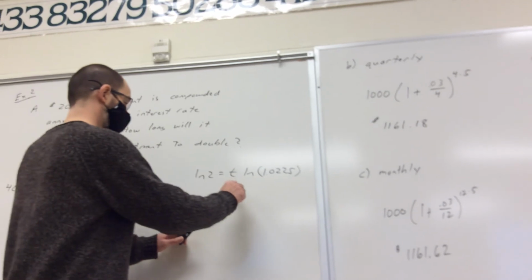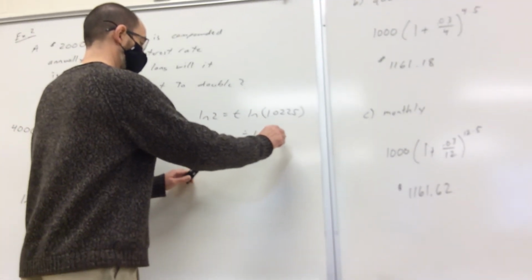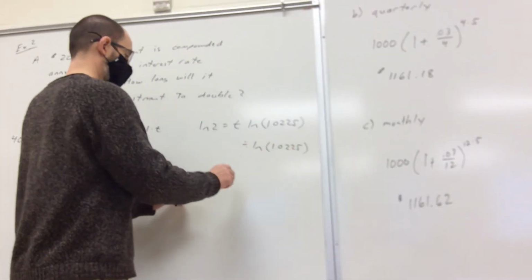And then you divide both sides by the ln of 1.0225.